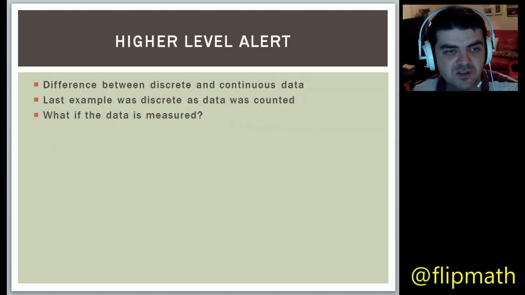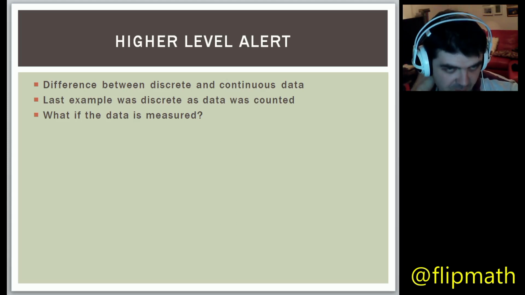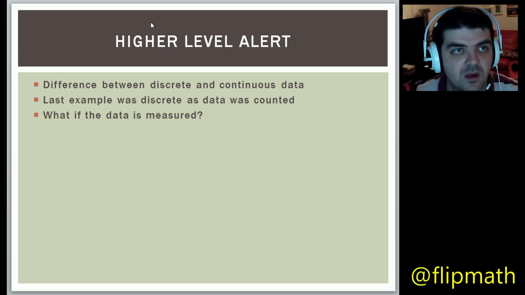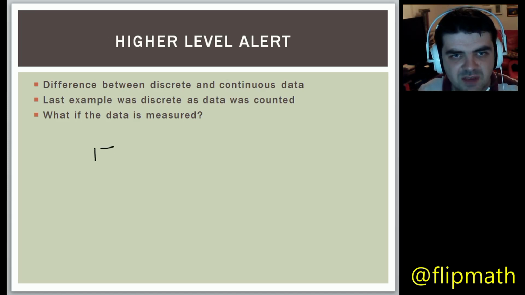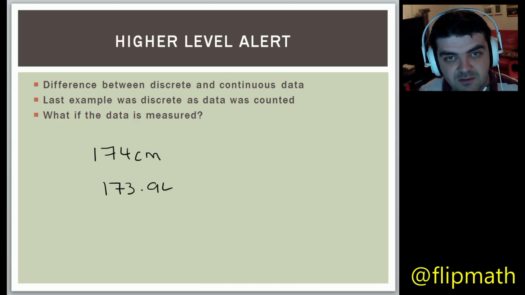So if you're measuring somebody, if I'm measuring the height, for instance, let's say I measure 174 centimeters, roughly. Well, somebody else could measure me more exactly, and I could measure 173.94 centimeters.